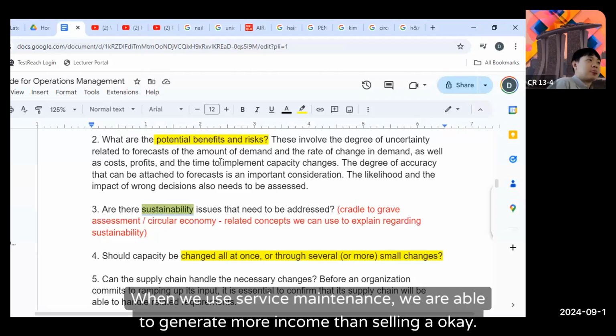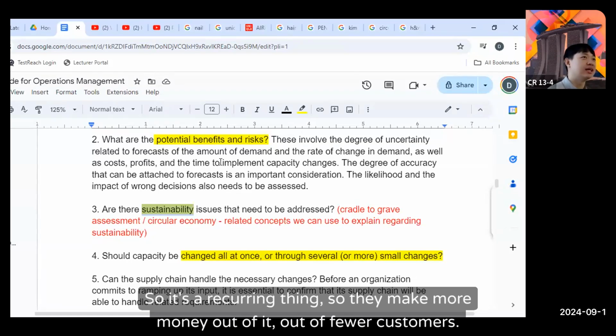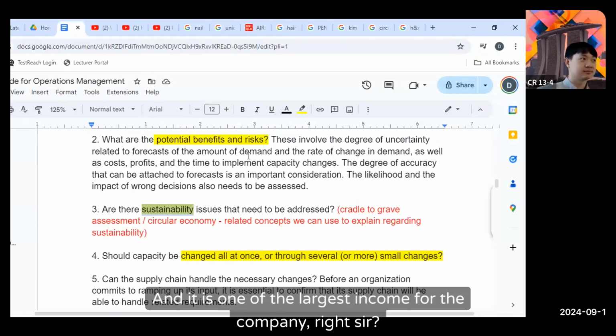When we do service maintenance, we are able to generate more income than selling a product. So that means we don't need so many customers, because fewer customers, more money. So it's a recurring thing. So they make more money out of fewer customers. Interesting. For maintenance and service, they are going to pay me regularly. And it is one of the largest incomes for the company, right, sir?